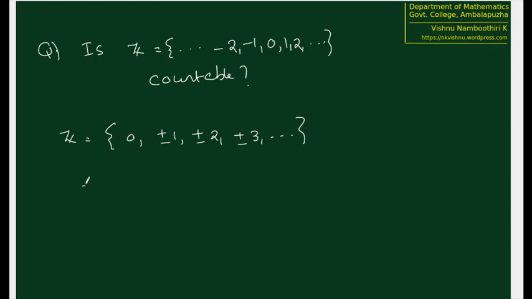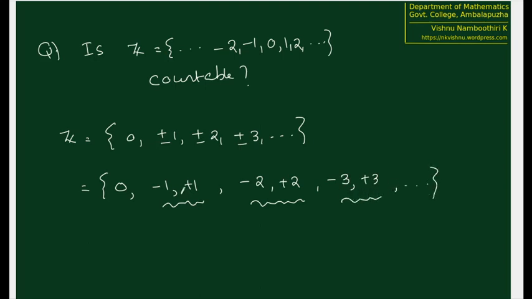Then if we expand this, 0, minus 1 and plus 1, these two are coming in one group, minus 2 and plus 2, these two are coming in the next group in magnitude, they are same in magnitude, minus 3 and plus 3, they are in the same group, etc. Now, if you want to label 0 as the first element, that will definitely go fine. But what about minus 1 and 1? We cannot label minus 1 and 1 both to be the second element.